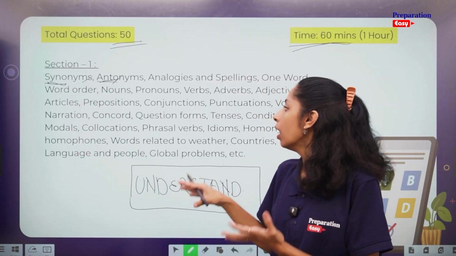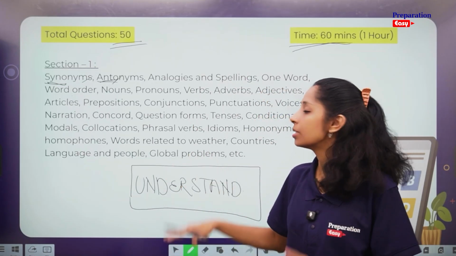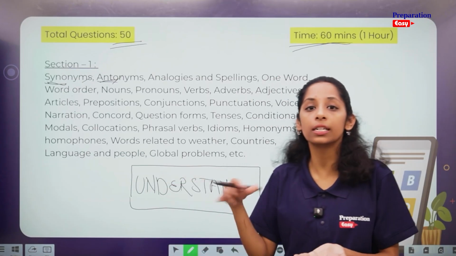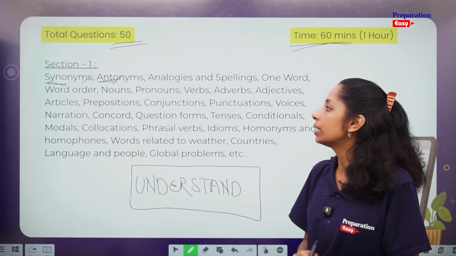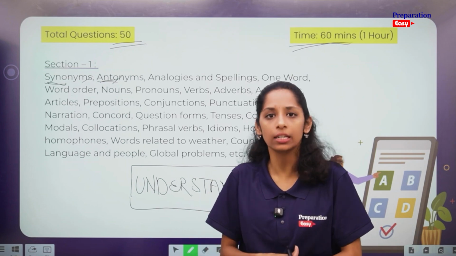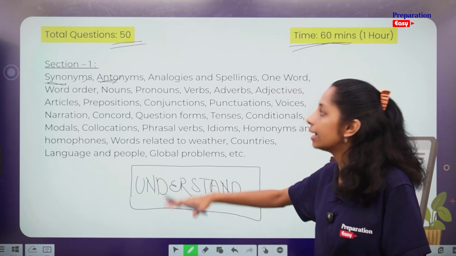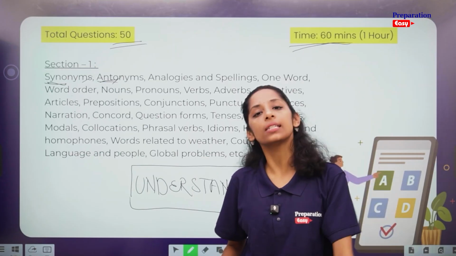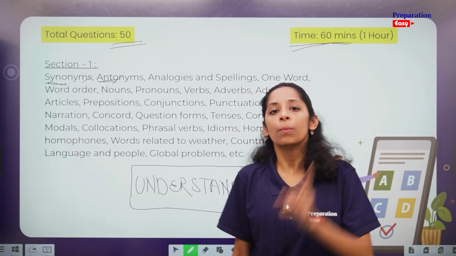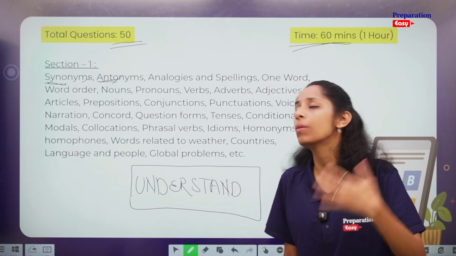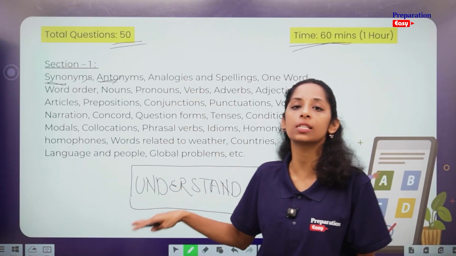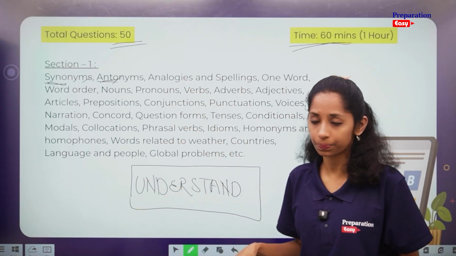We are understanding the syllabus in detail, so that we will be able to understand the demand of the question. What is the question asking for? What type of question it is, right? So we need to understand the syllabus first of all, then we will understand the question types, then we will understand the demand of the question, etc. But first of all, if you are preparing for the first time and if you are in 10th class, you need to understand the syllabus of this International English Olympiad exam.